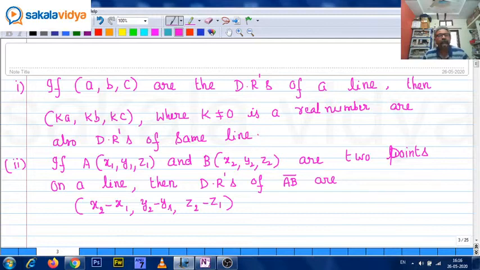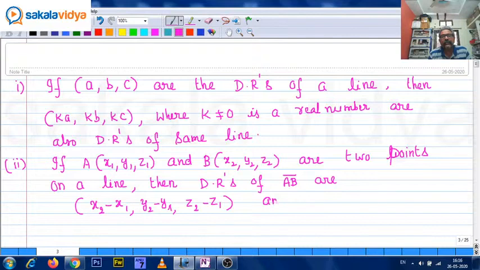So now this is very important. If any 2 points on a line are given, then we are able to find out the direction ratios of the line. That will be given by x2 minus x1, y2 minus y1, z2 minus z1. In a similar fashion, we can find out direction cosines also.